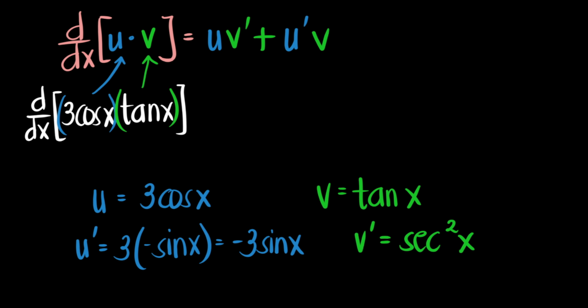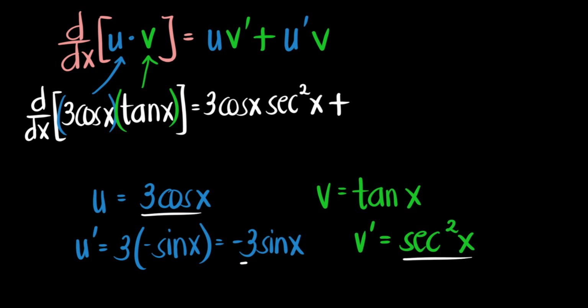Let's substitute these values into the formula. We have u is 3 cosine x times v prime is secant squared x, plus u prime is negative 3 sine x times v, which is tangent x.